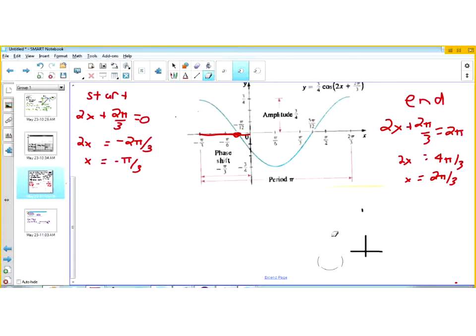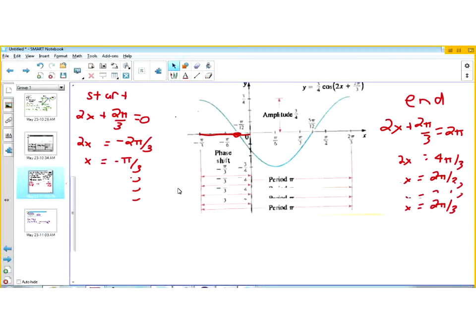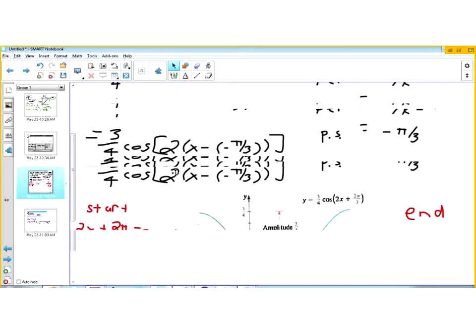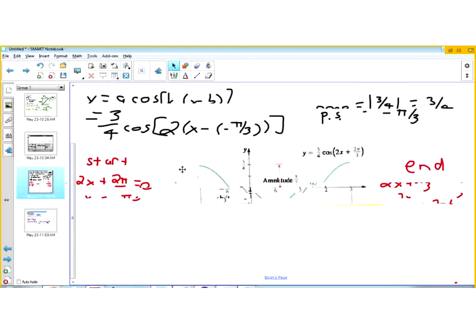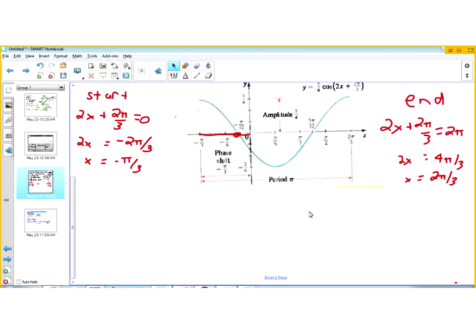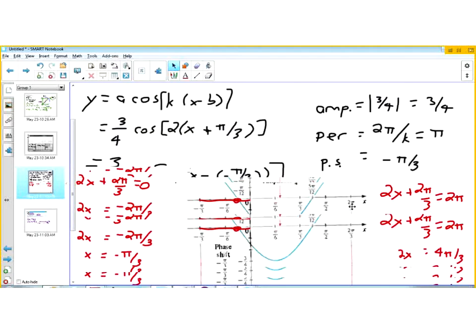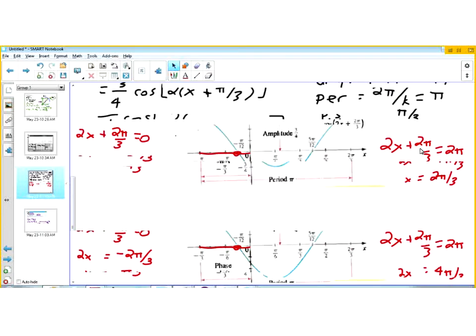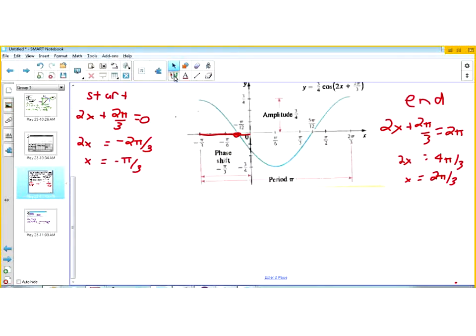That's not right. Remember what we did was this curve involved a horizontal shrink. And so the period is now pi. It's not 2 pi. So let me redraw the cosine function with a period of pi. All right. So sorry about that.